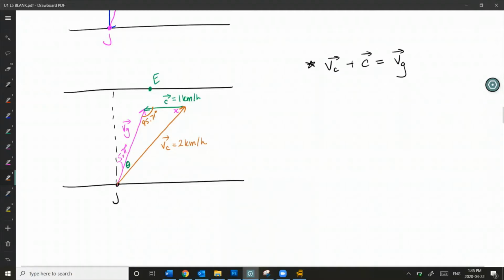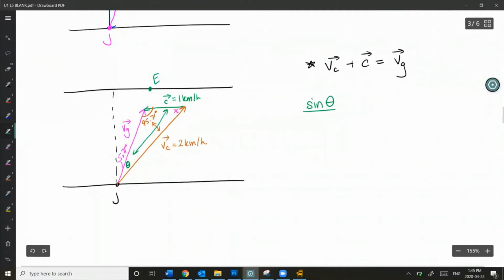So the first thing that I can calculate, I know a side and its opposite angle, and I know a remaining side. So that actually is going to give me the angle theta in here, which is not necessarily what I need to find the ground velocity, but I do need that in order to find angle x. So let's start there.